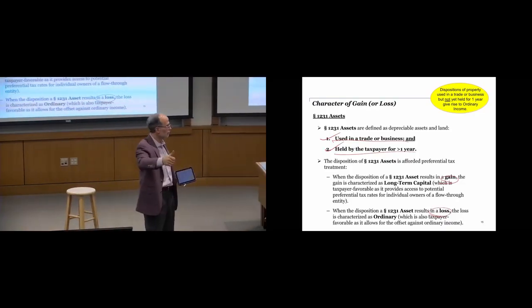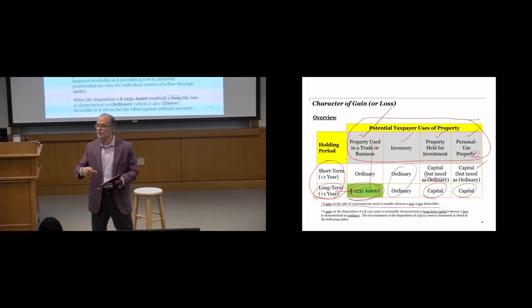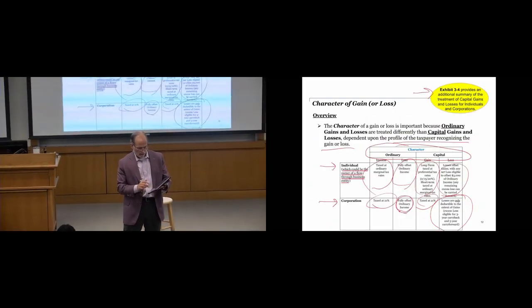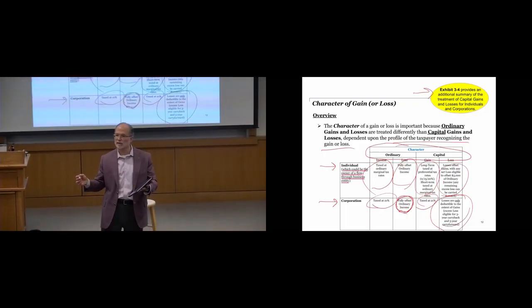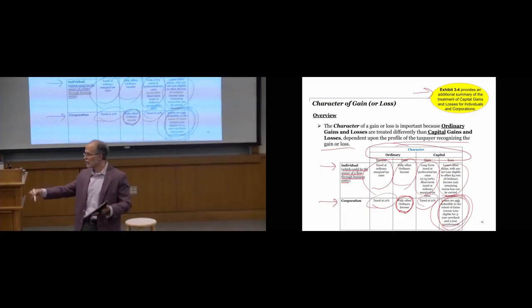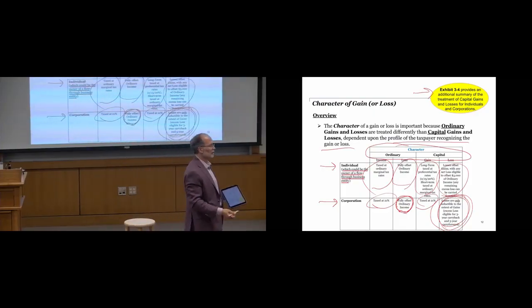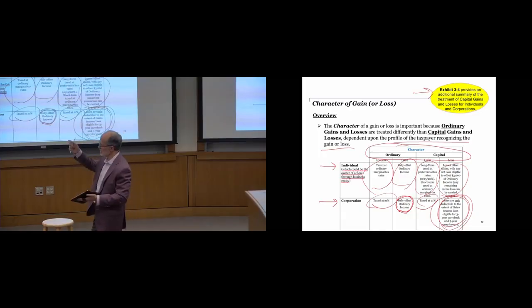Because they like ordinary losses, offset ordinary income. But it's also beneficial to a corporation. Remember when I said in this slide, ordinary losses fully offset ordinary income. If it were characterized as capital, I only deduct capital losses to the extent of capital gains. That's why it's the best of both worlds. I get the best answer for losses and the best answer for gains.